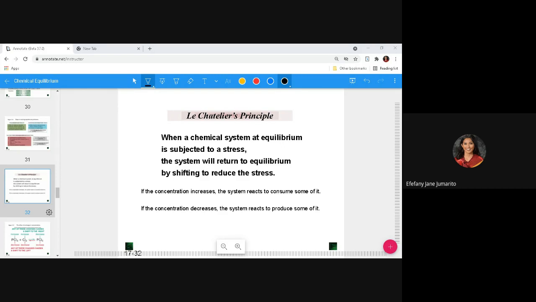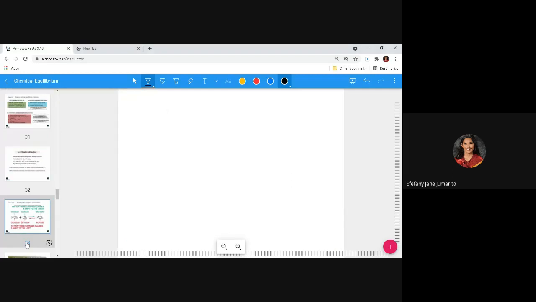Okay, so it will restore. That is Le Chatelier.